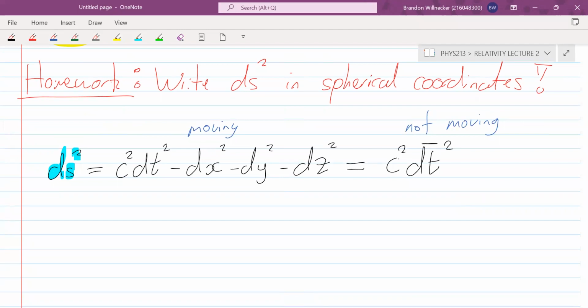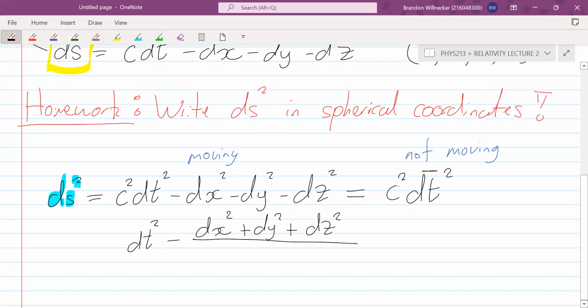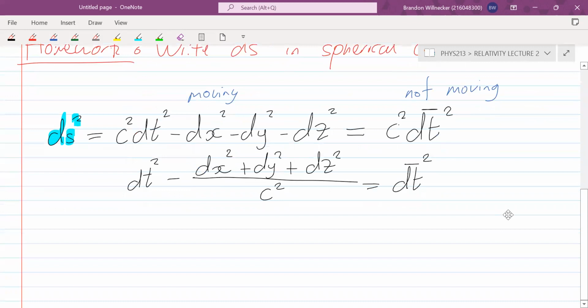So first, let's divide through by c squared. We're going to have dt squared minus dx squared plus dy squared plus dz squared, all over c squared, is equal to dt bar squared. Good. Let's divide through by dt squared now.